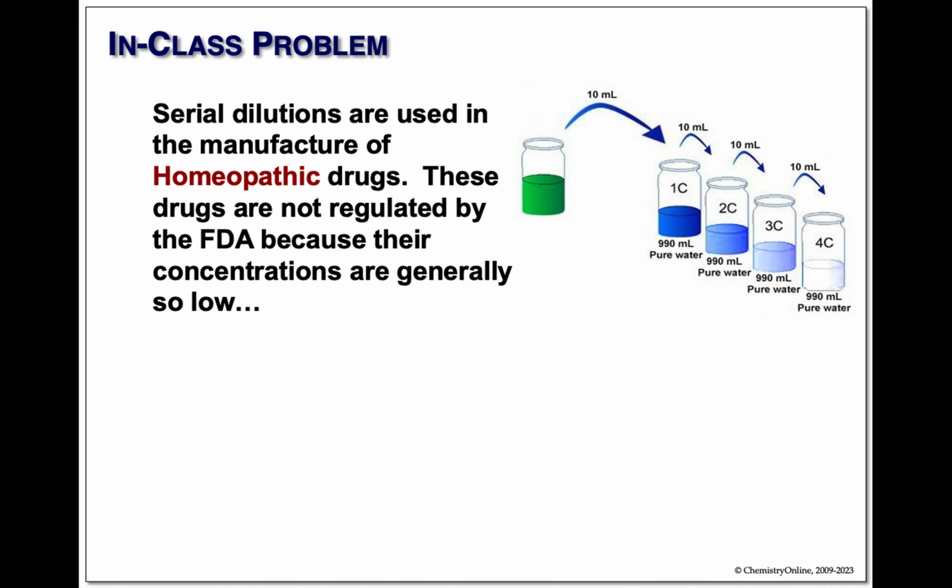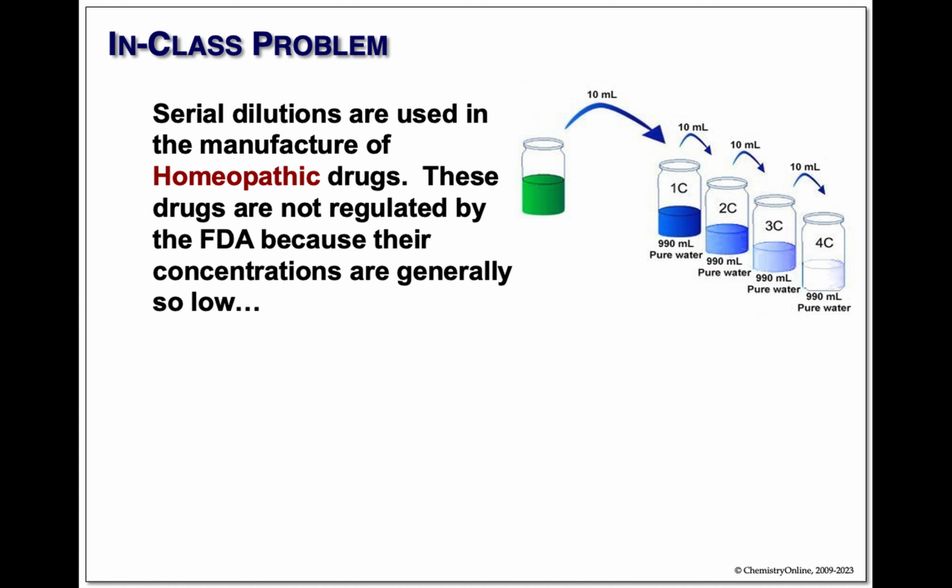Homeopathic drugs are not regulated by FDA because they do so many serial dilutions. They wind up with a solution that has basically nothing in it. You start with a milligram of stuff in solution here. Here we have 10 to the minus 6 milligrams, a billionth of a gram. So, homeopathic drugs.